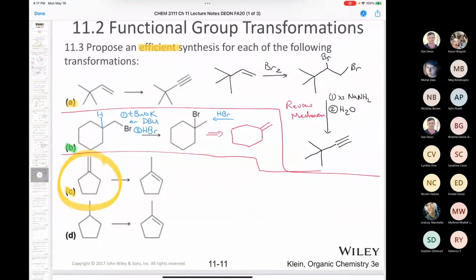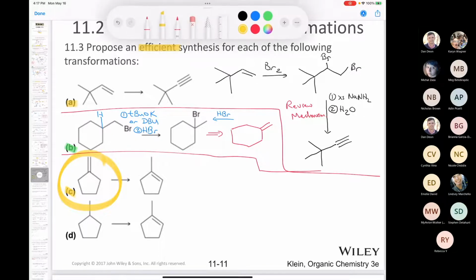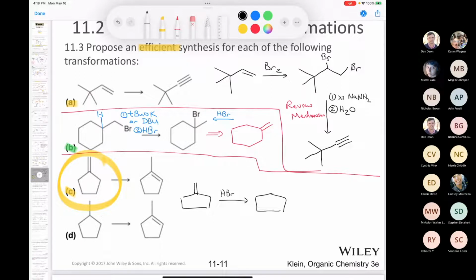So question 11.3c, I see a couple of ways to do it, no pun intended. The first way would be to do a Markovnikov addition of HBr across the double bond. I would take that compound and do HBr, and that would give me the Markovnikov product.